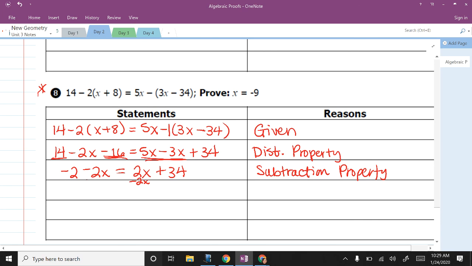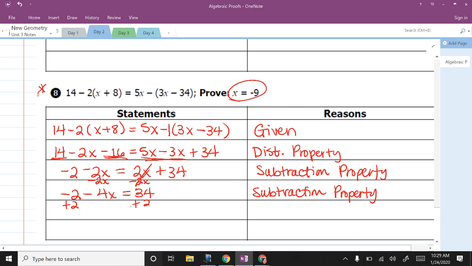So I'm going to subtract 2x. What's negative 2x minus 2x? So negative 2 minus 4x equals 34. And what did I just do to both sides? Subtraction again. Again, that's not how I would prefer to solve the proof, but since I'm proving it to be x equals negative 9, I need the x on the left. Then what?